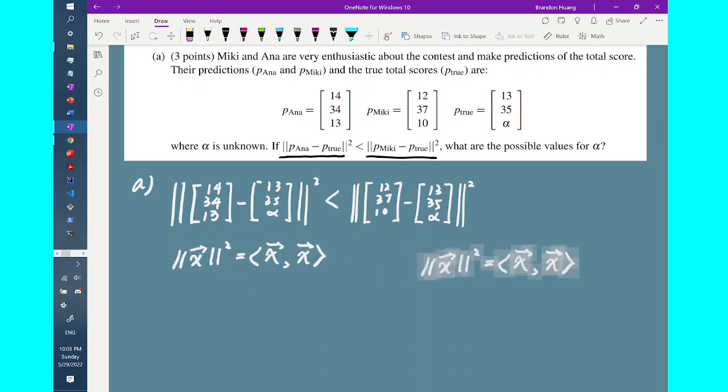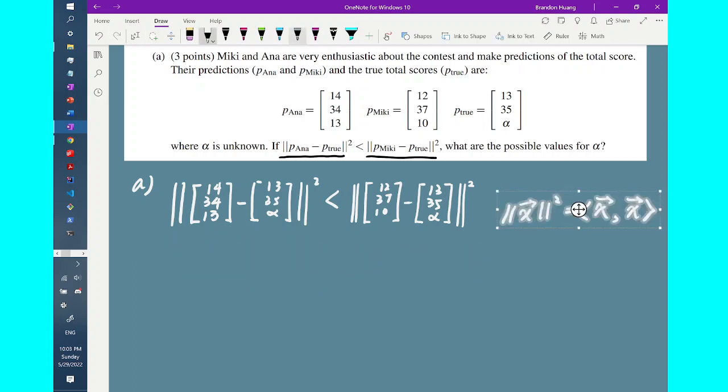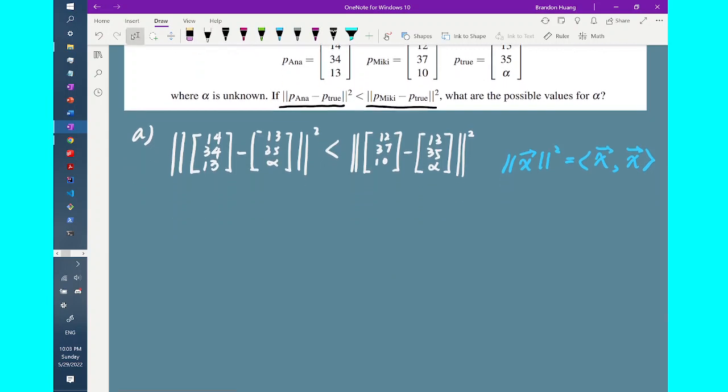Okay, so now that we have this aside as a special tool that we'll use later, let's try to simplify the inequality. So we're just going to do some math for the difference between vectors, which will grant us something like this.